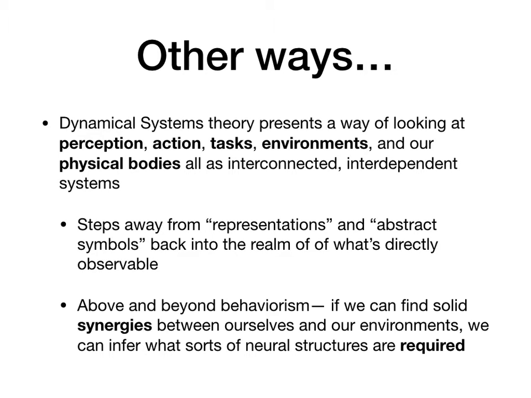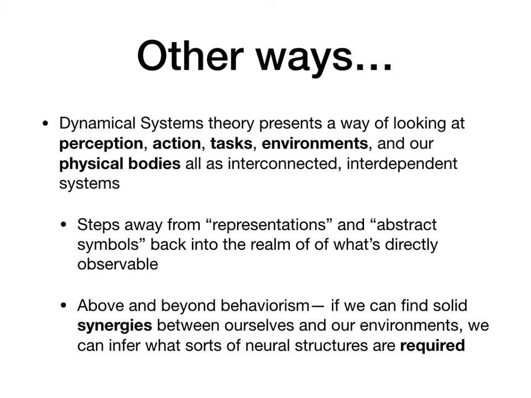But there's a different category of approach here. Dynamical systems theory is a way of looking at all of perception, action, the tasks that we do, the environments in which we live, and how our physical bodies all work together as this interconnected, interdependent system. So it's stepping away from questions about representations, right? What form does a symbol take in my mind?